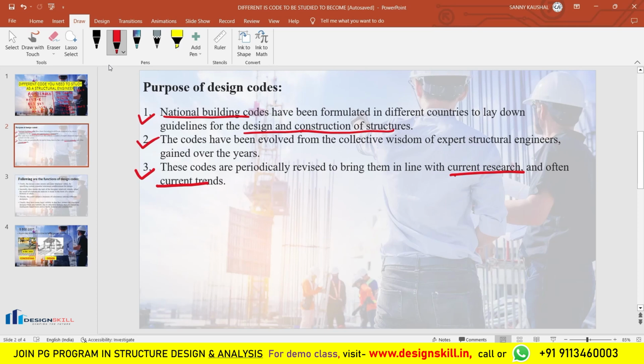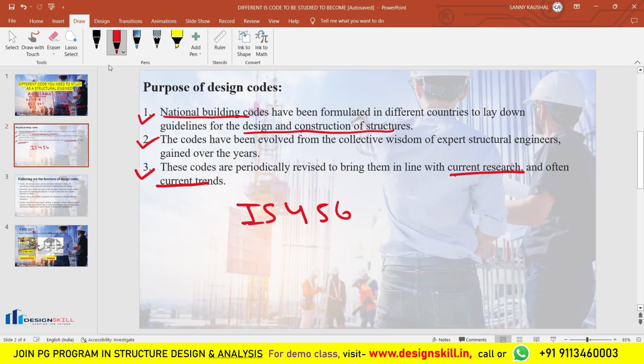To understand how the revision is done, take an example of the most important code, which is IS 456. This is the most important code in the context of Indian codes. In this code you will find how the design and construction of structures are given, so you will find guidelines in this code.